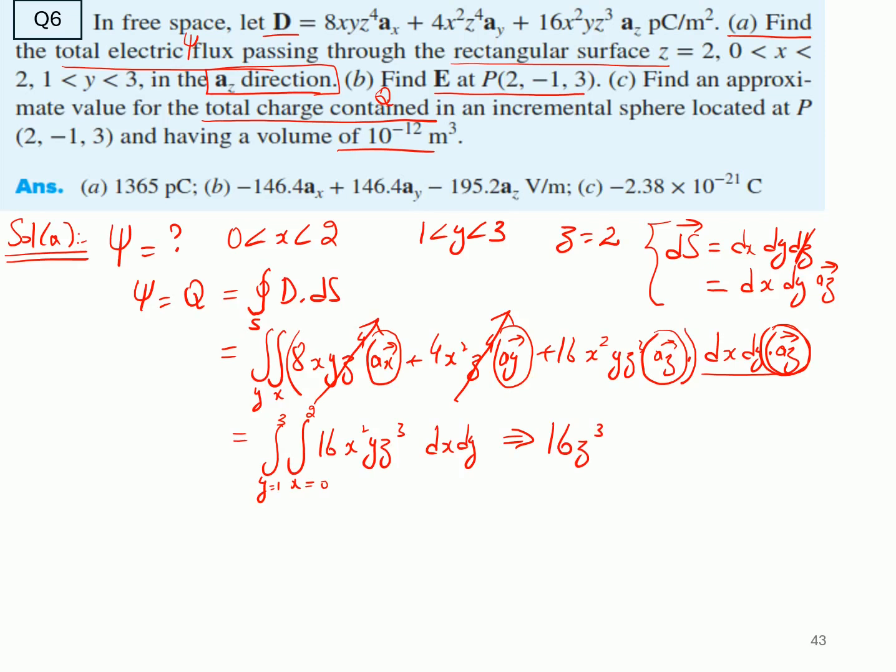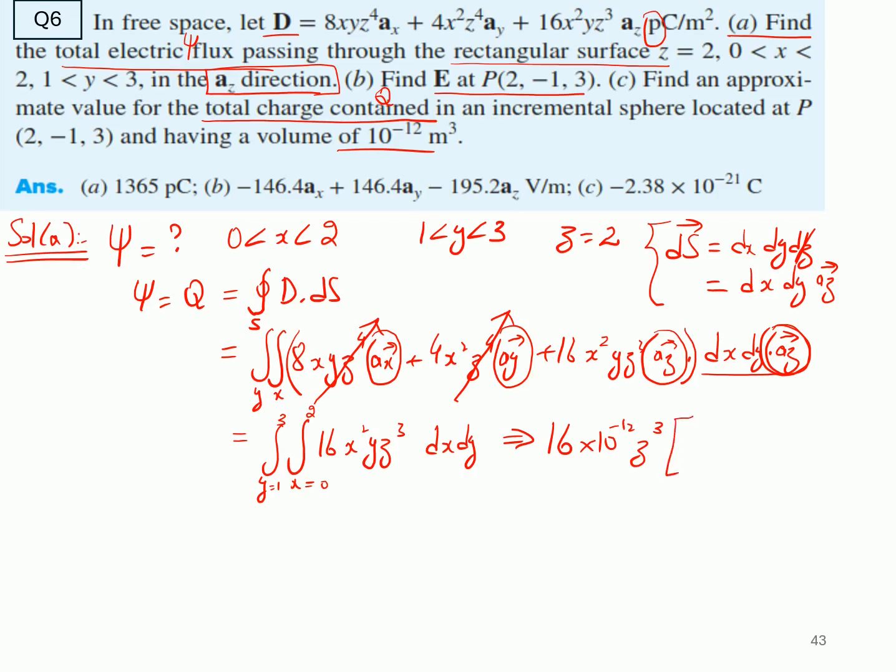What else do we have? I forgot something: this is in picocoulombs, so I need to add the picocoulomb value as well. Let's put it as 10 raised to power minus 12. Then z cube goes outside, and then I can apply the integral.